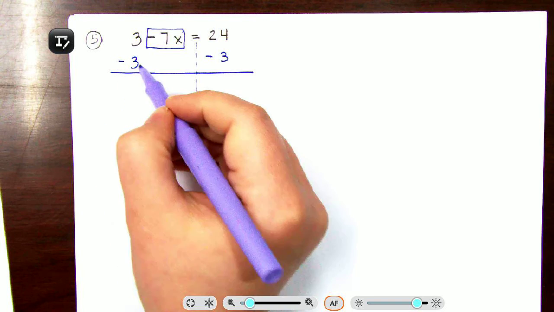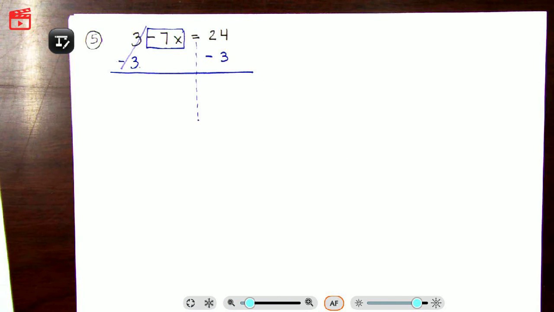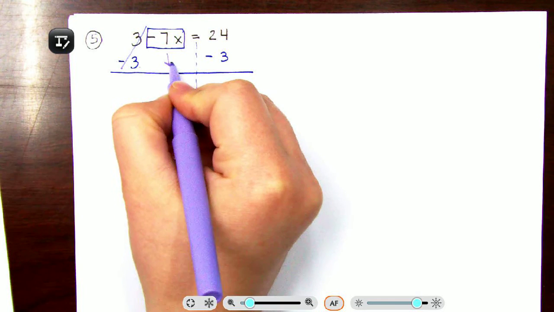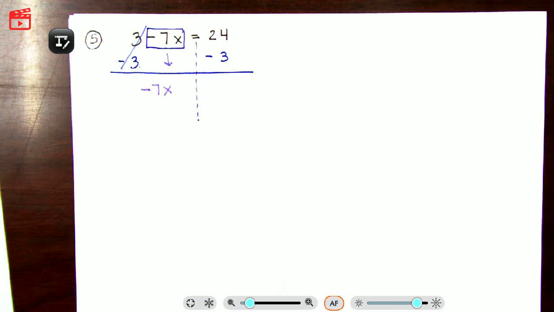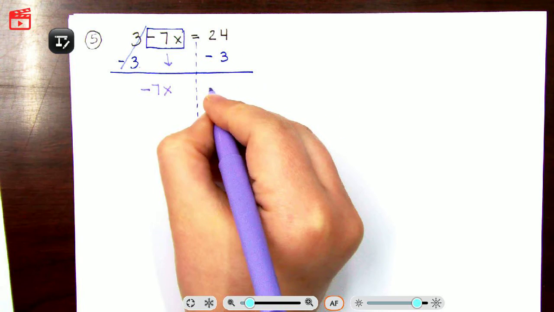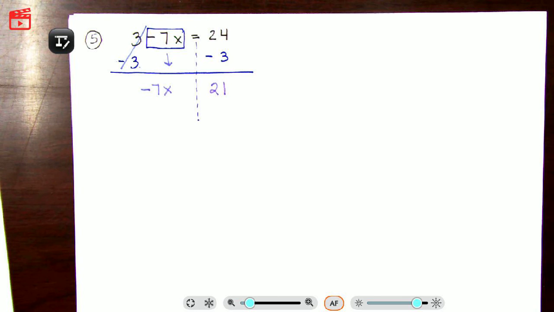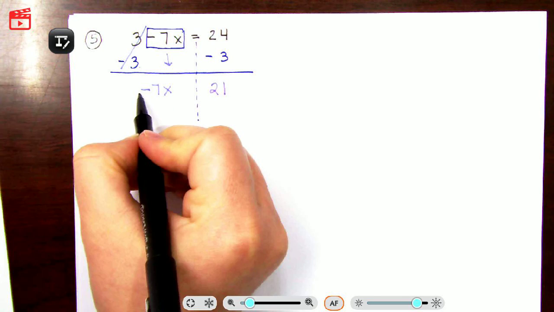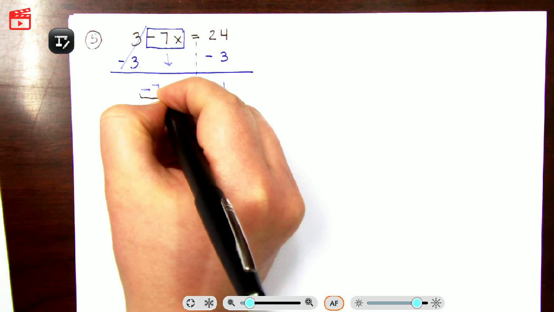So 3 minus 3, what feels really good is that is equal to 0. We did nothing with our minus 7x, so we're bringing that down. And then 24 take away 3 is 21. Again, we take the number that is in front of our x. Mathematicians are super duper lazy, so there is a dot between that.